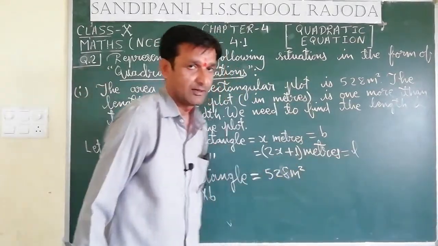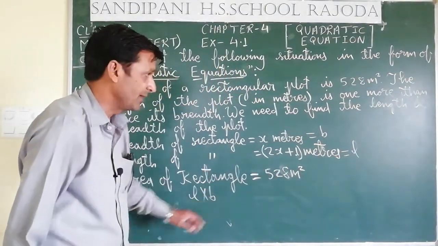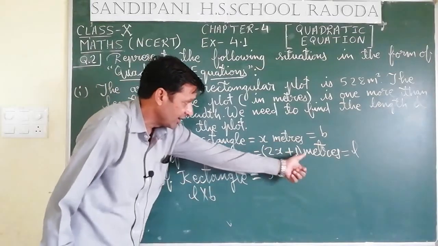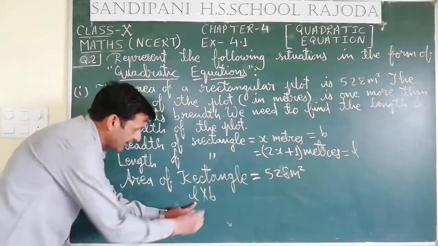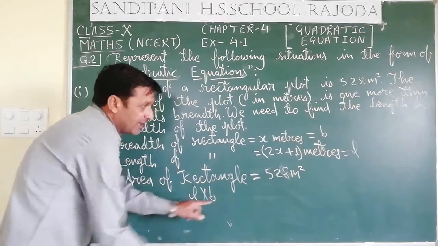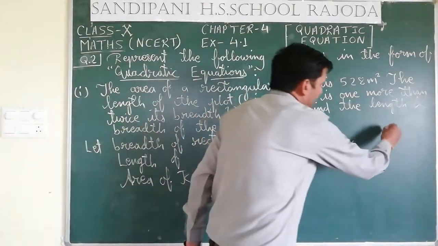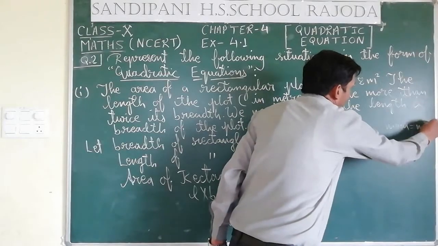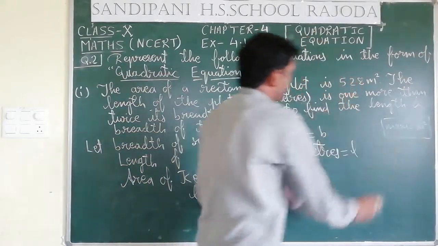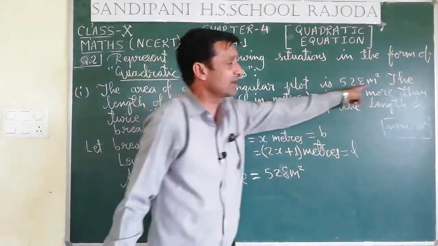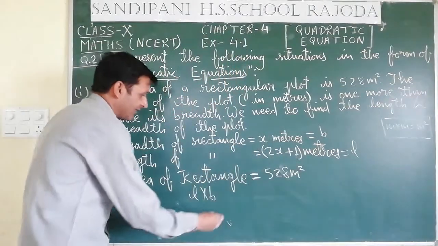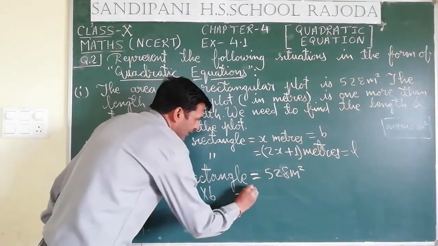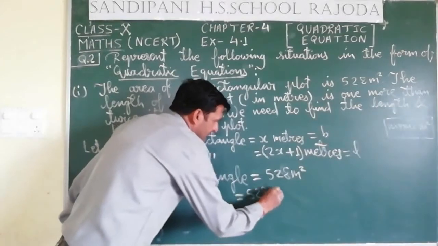This is B. So it is L into B means meter into meter. Meter into meter is meter square. That's why in question it is mentioned in form of meter square. So length into width is equal to 528 meter square.